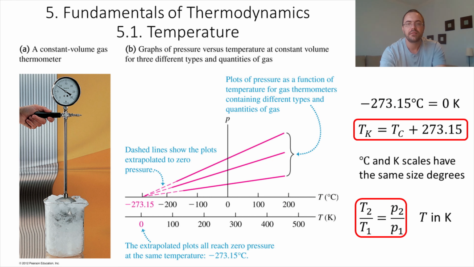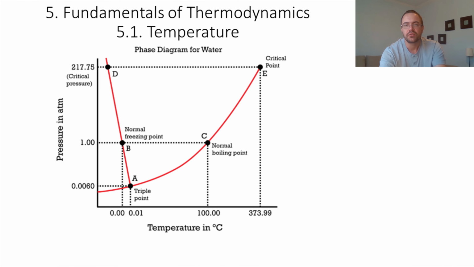Now, to define the Kelvin scale, we must discuss how to define the zero. We just discussed how to define the zero, but we need another reference point to define the scale. In the Celsius scale, we use the freezing and boiling point of pure water, but as you probably already know, the temperature of the freezing and boiling points depend on pressure. Here I show you what we call a phase diagram, and it represents the different phases of pure water, solid, liquid, gas, as a function of pressure and temperature.